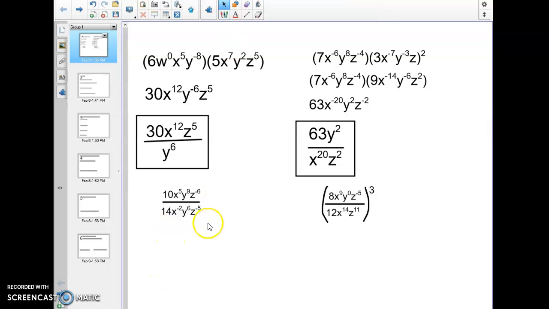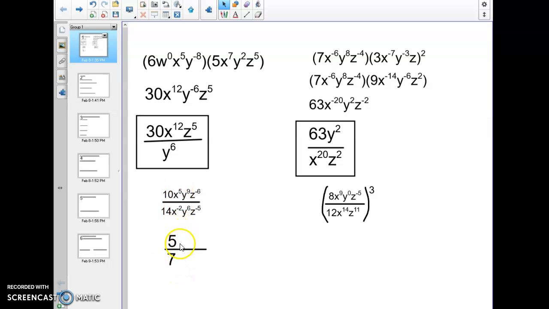Now here, it's important to reduce first. Whether it's in parentheses or outside parentheses, we always want to reduce. So this becomes 5/7. This is a little trickier to do on the computer, so I'm going to put my fraction bar down. And 10 over 14 reduces to 5/7. X to the 5th over x to the negative 2.